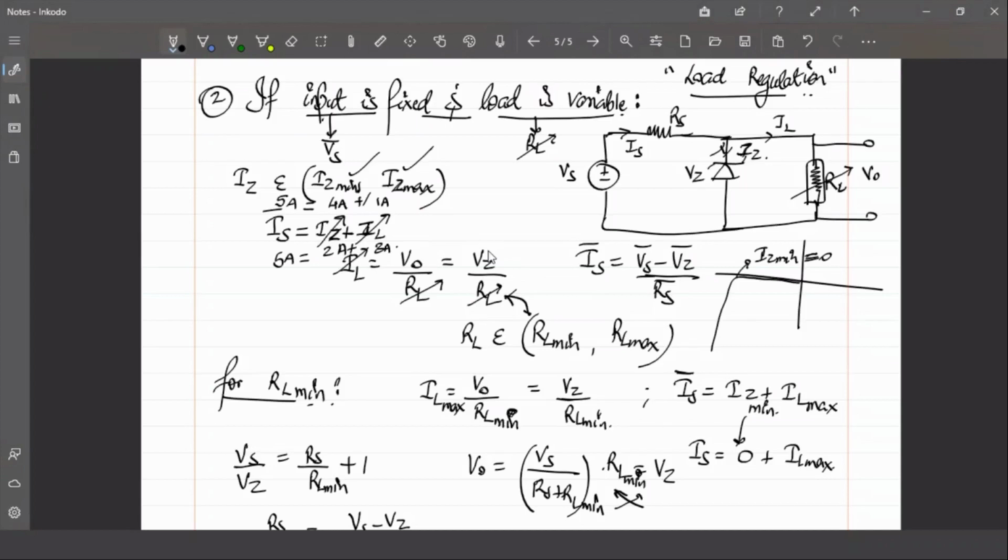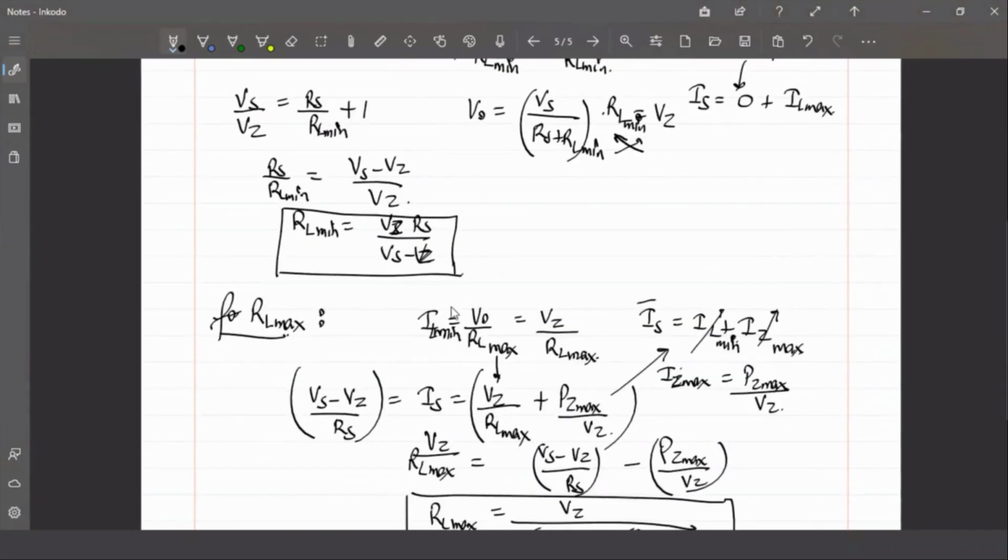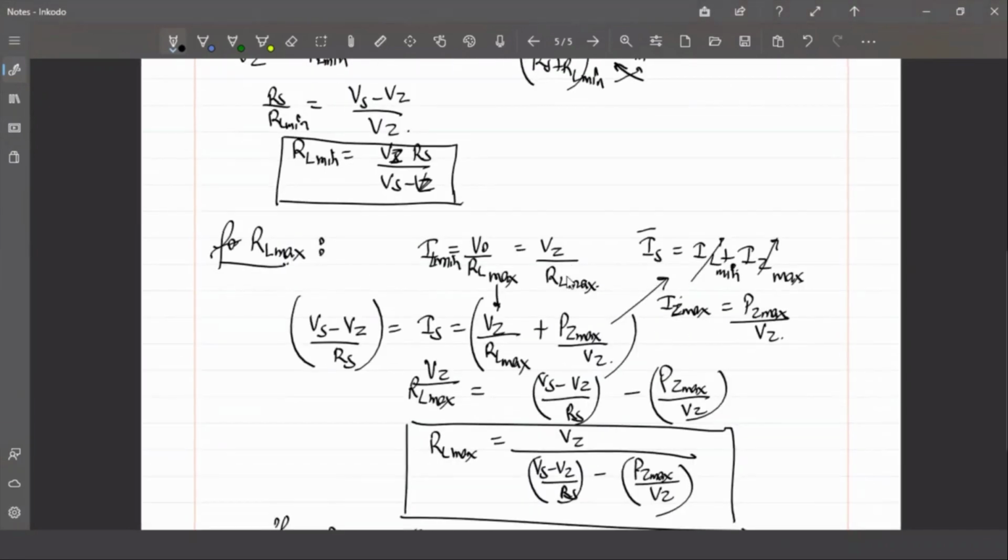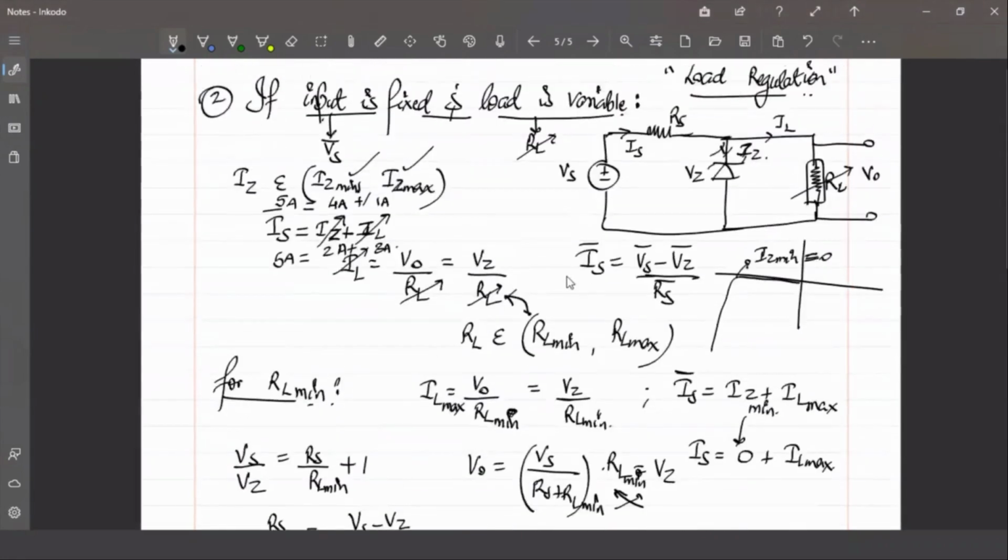What is the regulation value, how to find the load regulation value and the line regulation value, what these terms are, and how we can design the circuit here. So for a given system, we should be able to design a Zener diode based voltage regulator based on these equations. Fine.